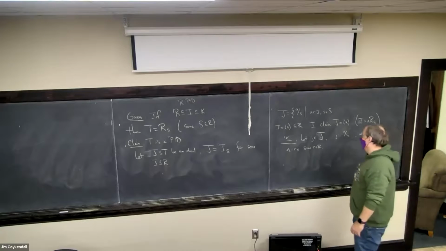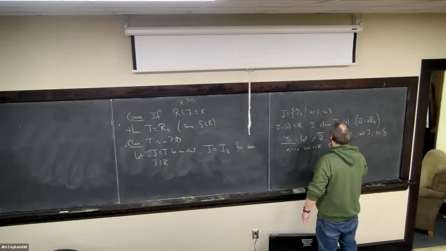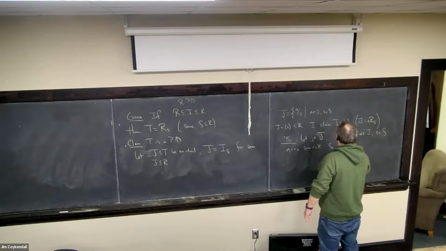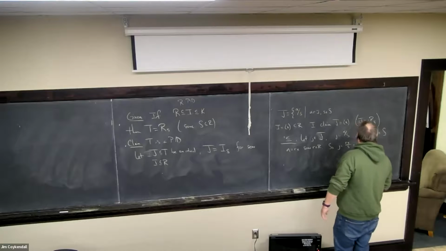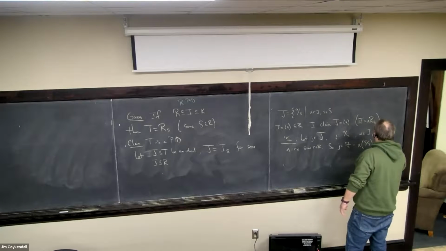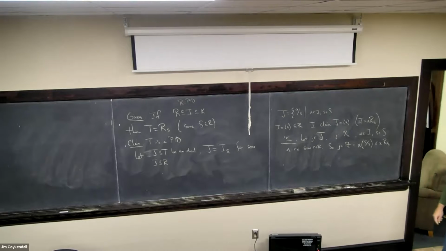So j is rx over s, which is x times r over s. So this is it. It's an r over s multiple of x. And that's really the hard part.